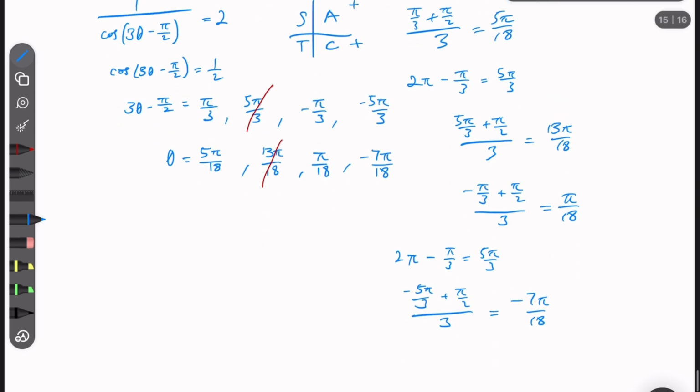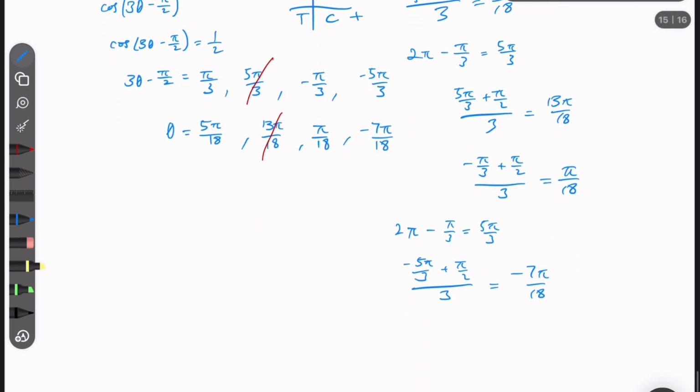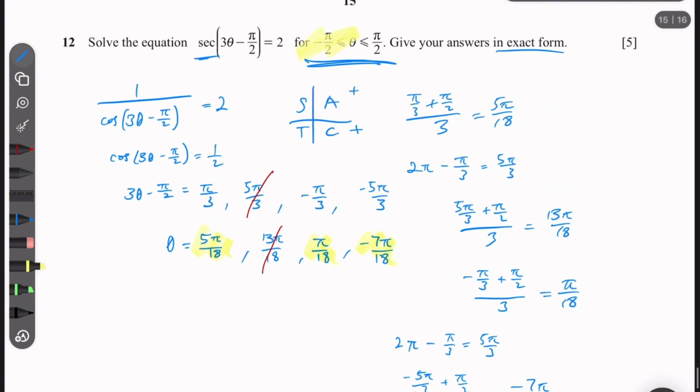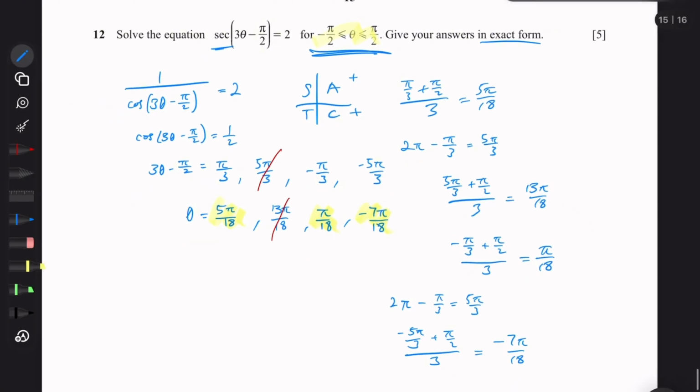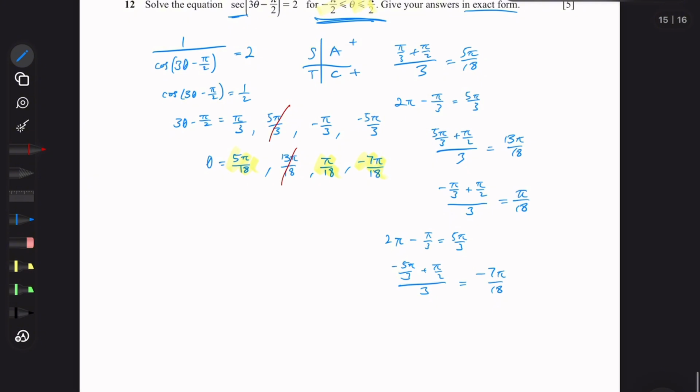Okay, so this value and this value are within the range that's given in this question. So these 3 are the final answers. Theta is equal to 5 pi over 18, pi over 18, and minus 7 pi over 18.